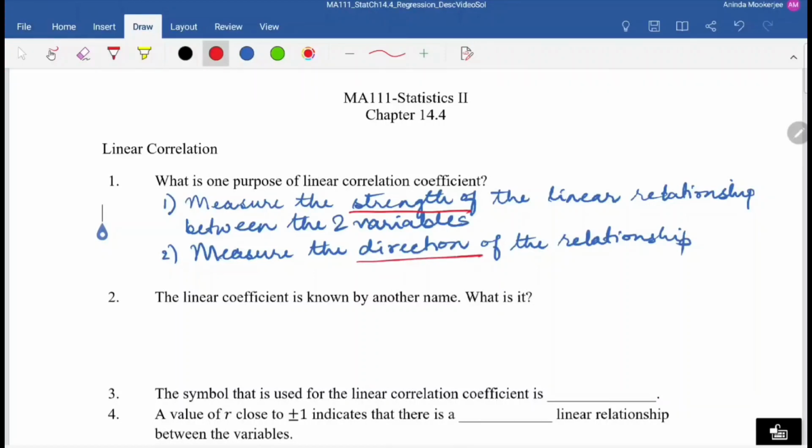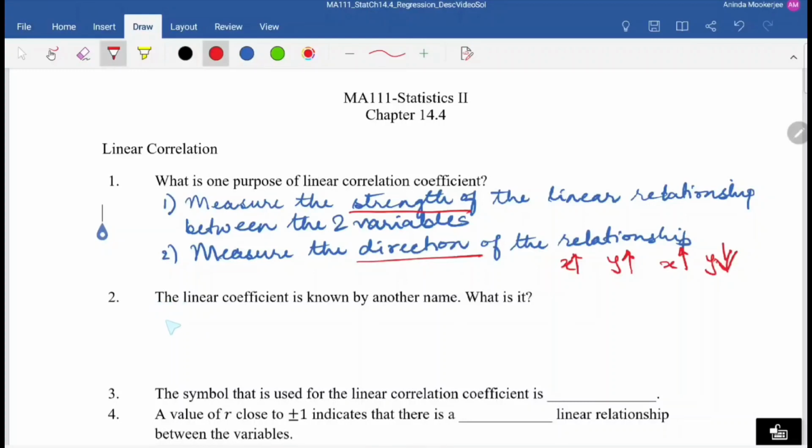So direction means as X increases, so we have X and Y. As X increases, does Y also increase or does it decrease? So as X increases, Y could be decreasing. All right, so that's what direction tells us, about the values and the relationship of X and Y.